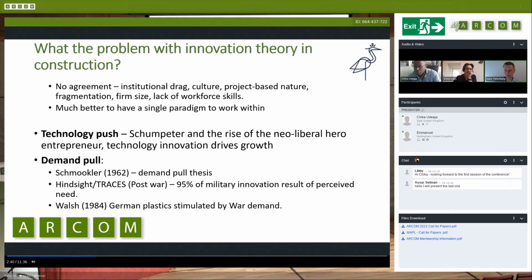But why is this in itself necessarily a problem? Elsewhere, for example, I've written myself that this is potentially a healthy state of play. We have a lot of debate around how innovation occurs in construction. Well, that's fine and great, but it's also politically a problem for us, as Lauri Koskela and Jeffrey Pfeffer have written. Those disciplines like medicine and engineering tend to have a single paradigm of thinking, a single platform from which to do their research.